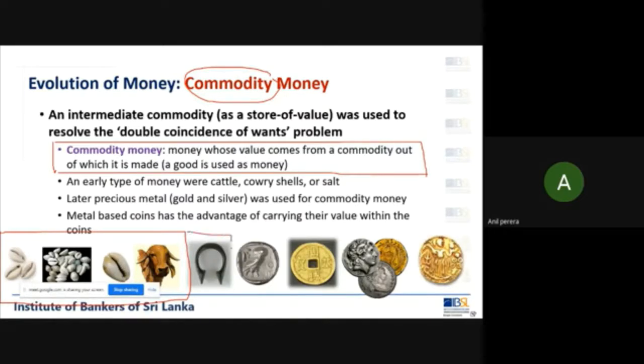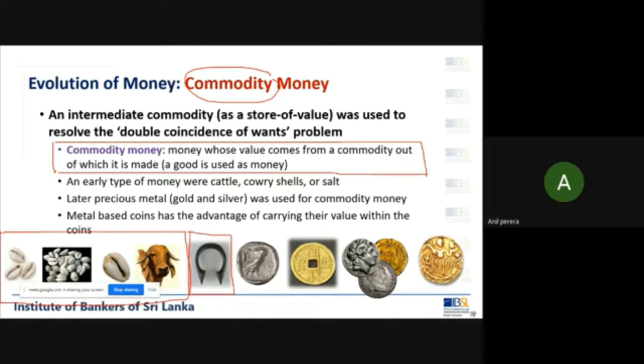This horseshoe-type commodity money can be found in the early stages of the history of money. So this is actually money, a different type of money. There were some other shapes also, diamonds, spades, likewise.